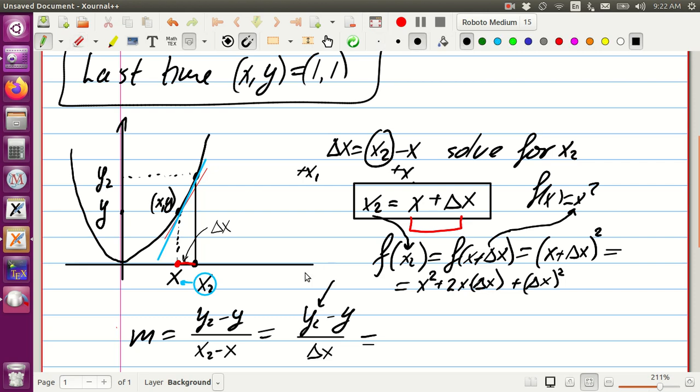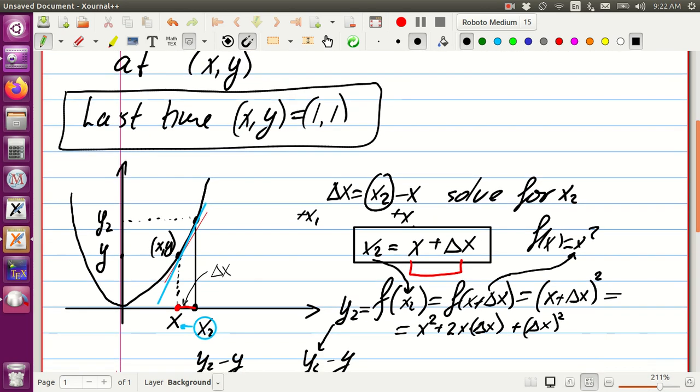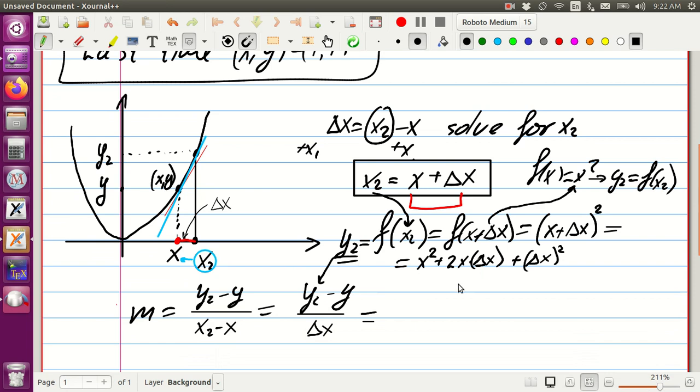Because if you think about it, this is y2. Let's look at the function. You take x2, you plug it into the function, you get y2. So we have y2 equals f of x2. All right, so now we have y2. This is this quantity, so we're going to take it and plug it back over here.